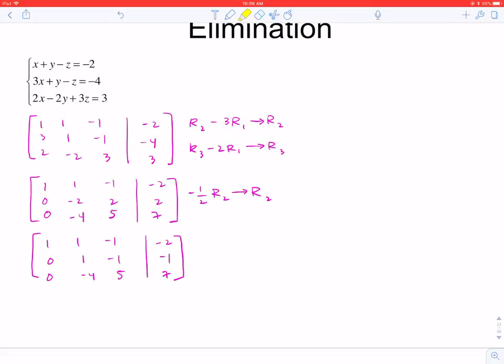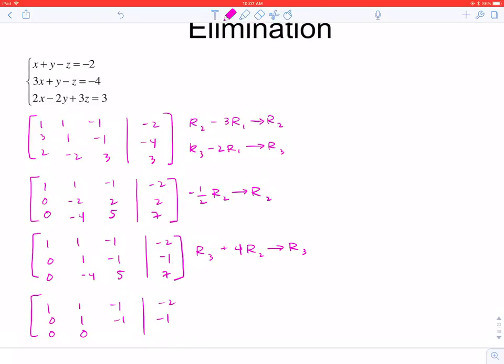Okay, so now I can use row 2 to help me get negative 4 to be 0. So we'll do row 3 plus 4 times row 2. Okay, so this will stay 0.